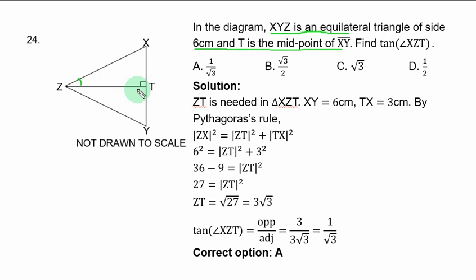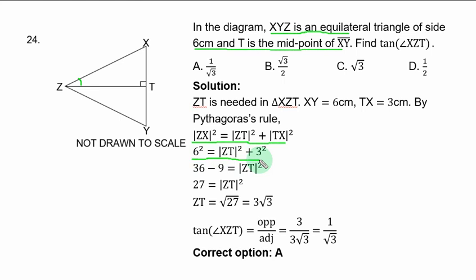So ZT is needed, and that is by Pythagoras rule. You have the longest side, ZS squared equal to ZT squared plus TS squared. You replace ZS with 6 and TS by 3. You have this result.